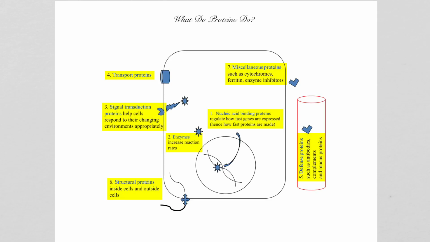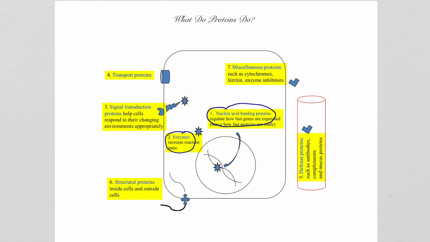So this is what proteins do. Basically they bind nucleic acids to regulate gene expression, which indirectly regulates the type and amount of proteins in the cell. Proteins called enzymes make biochemical reactions go faster.